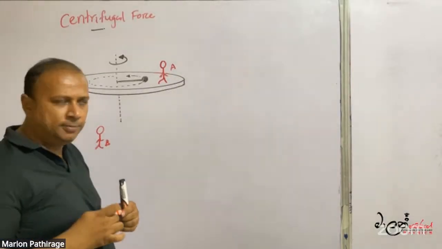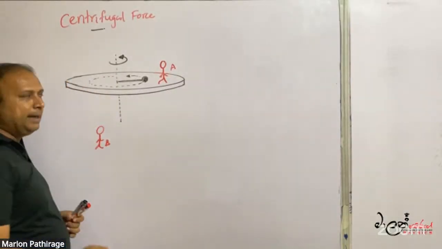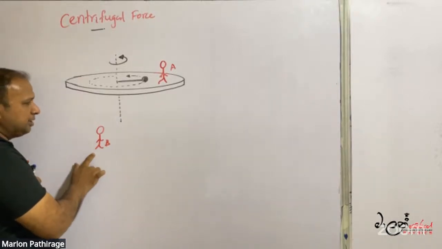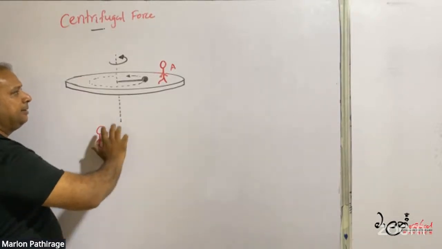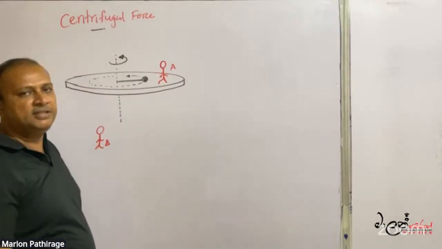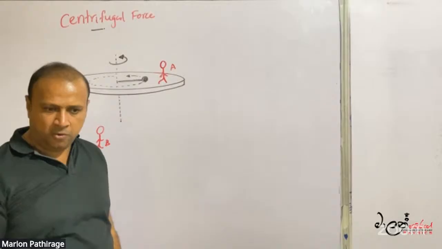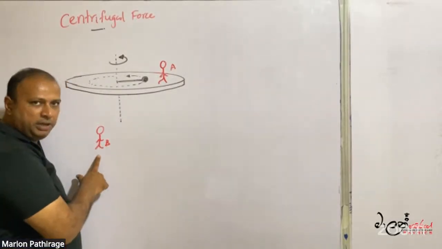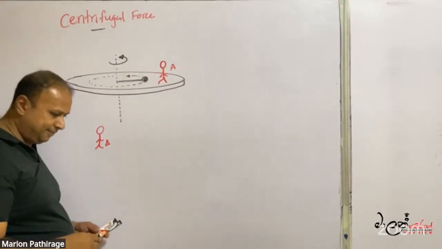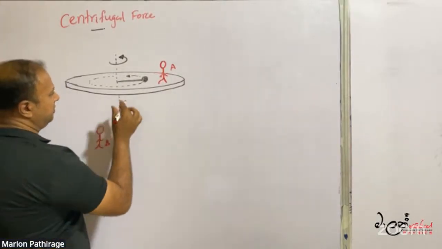Now you know, this man can see this entire system is in a rotation. Therefore, with respect to B, definitely there should be a tension force.